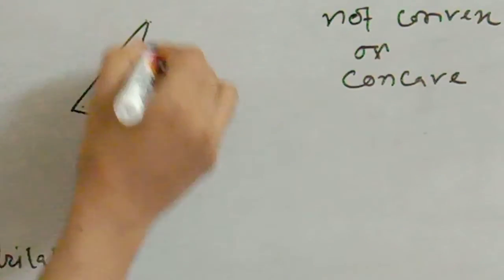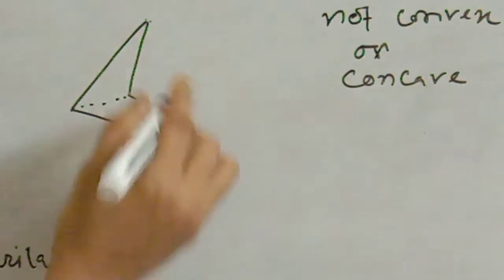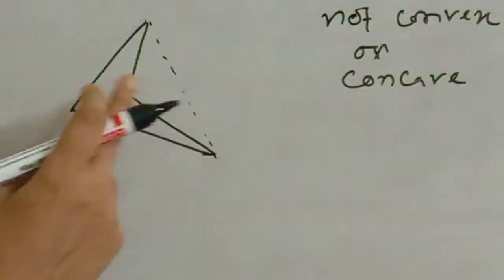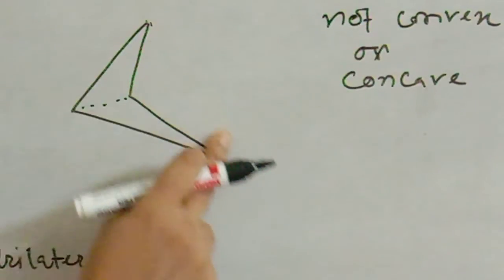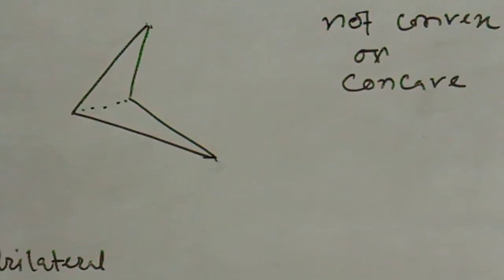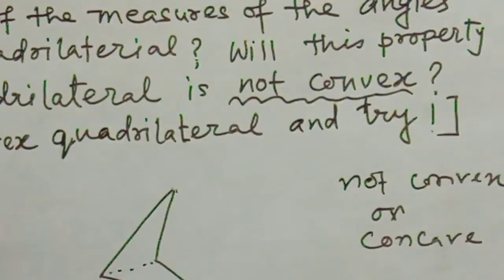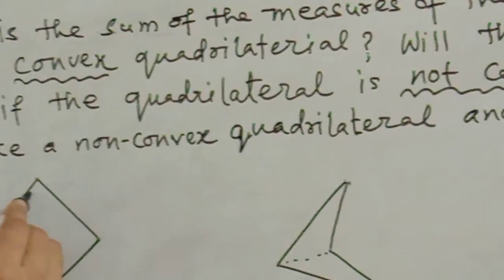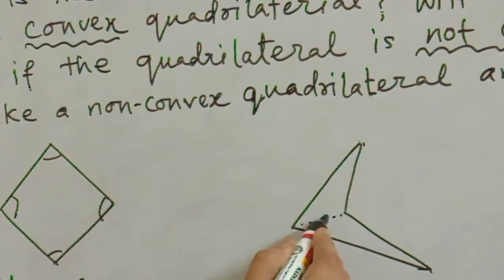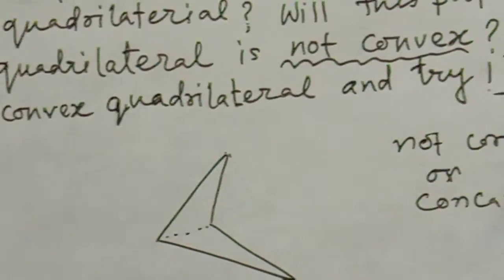See here, if we join these two non-consecutive vertices, the diagonal will be outside. So it is a non-convex quadrilateral, that is, a concave quadrilateral. In this concave quadrilateral, the question is: will the property hold that the sum for the convex quadrilateral is 360 degrees? Is it 360 degrees for this concave quadrilateral also?